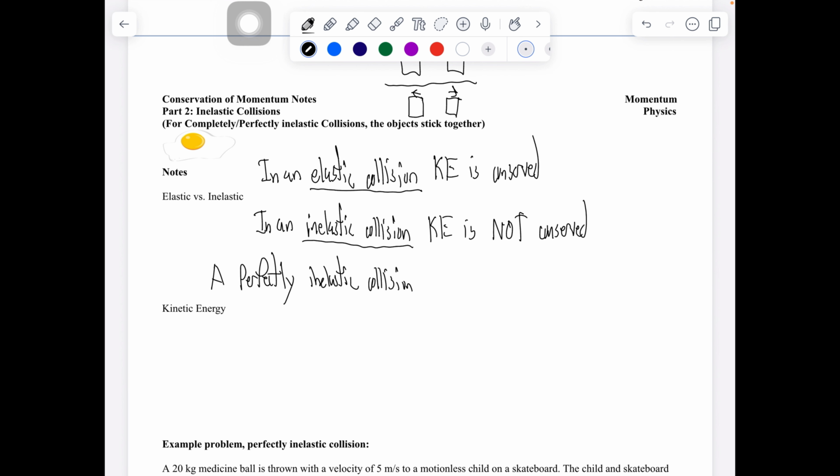Kinetic energy is not conserved, but the objects stick together. So a perfectly inelastic collision is an inelastic collision, so kinetic energy is not conserved, and the objects stick together.